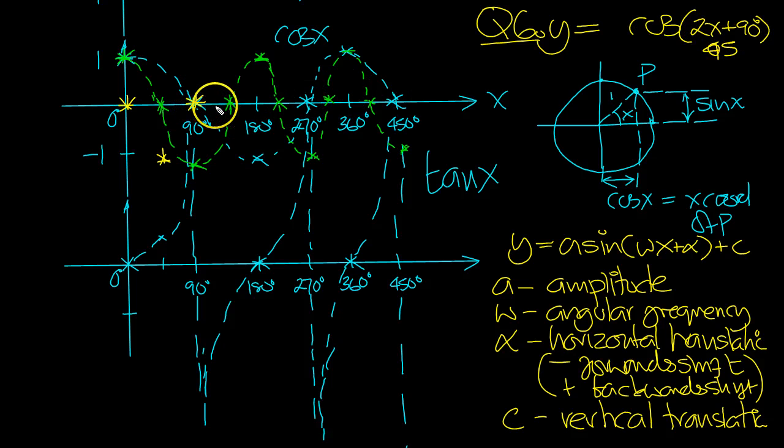So there. And then 135: 2 times 135 is 270, plus 90 is 360, and cos 360 is 1. So at 135 the value is 1. So there we are. It's not shifted back 90. I wondered that. It's shifted back 45 because of this.